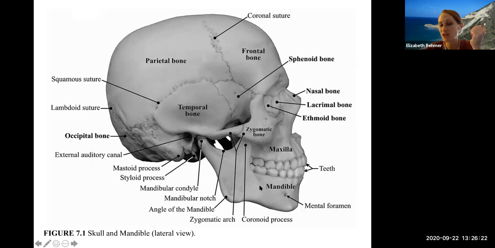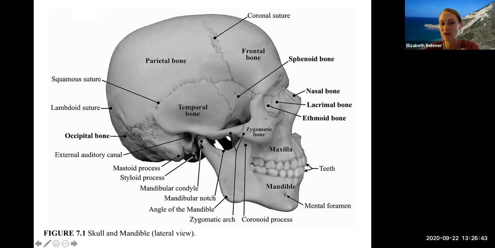The mandible is your jawbone. The mandible is the only bone of your skull that's connected through a joint. That joint is right here where it connects to the temporal bone, called the temporomandibular joint. A condyle, the mandibular condyle, remember a condyle is a rounded surface.